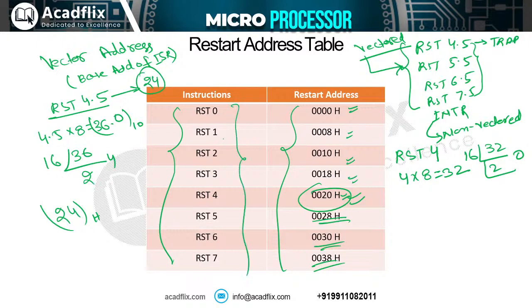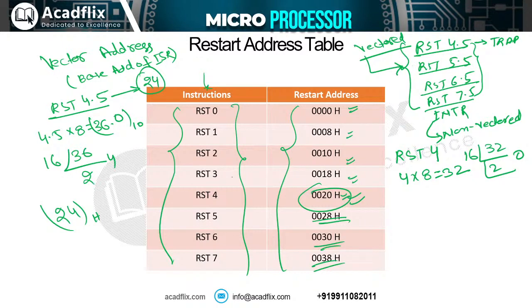That means whenever any interrupt comes to the CPU, either from software or from hardware, we have hardware pins for the hardware interrupts, for example RST 4.5, 5.5, 6.5, 7.5. If any interrupt comes from a vectored interrupt, we have a fixed address. The CPU will jump to a fixed address.